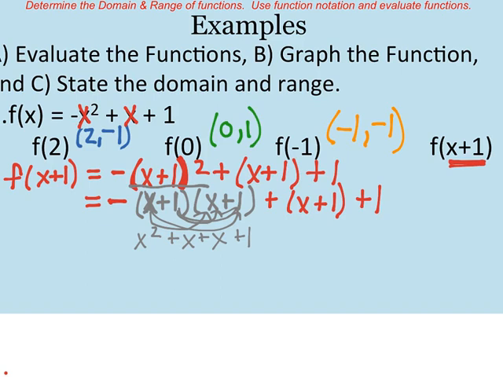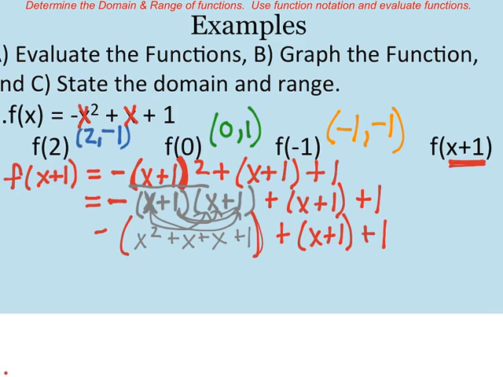Okay? Now, once we have done that, remember, everything else stays. Everything from the original function has to stay with this. So the negative times all that has to stay, plus the x plus 1 in the back.